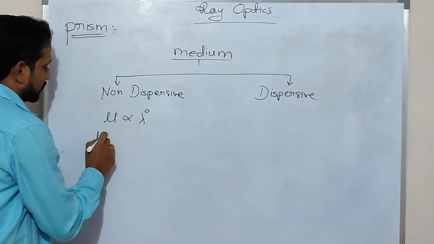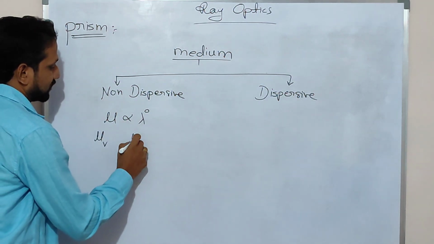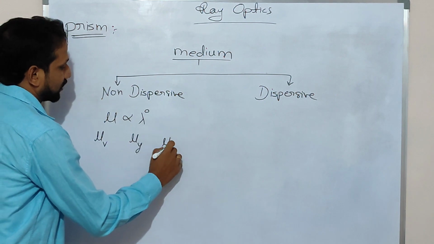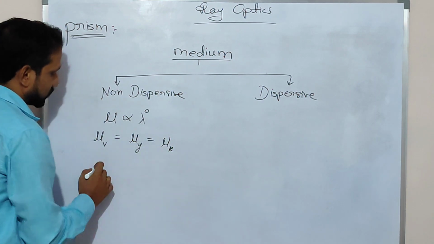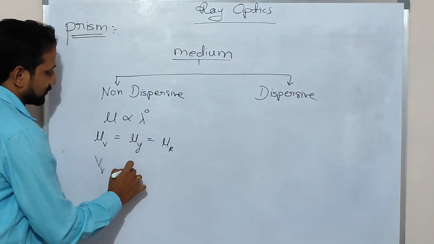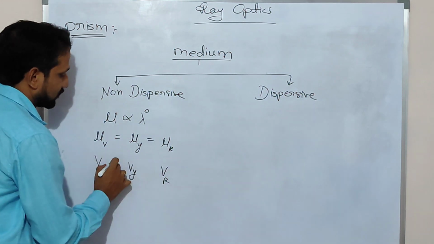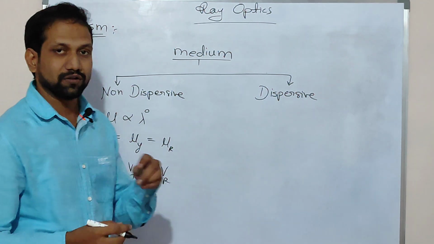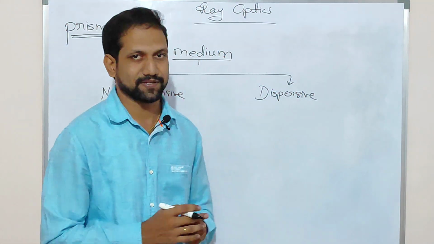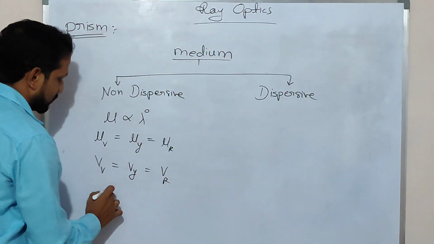That means refractive index for violet color, refractive index for yellow and also red, all are equal, so the velocity of violet, velocity of yellow and velocity of red, all are equal. All the wavelengths will travel with the same speed. That is what actually a non-dispersive medium.